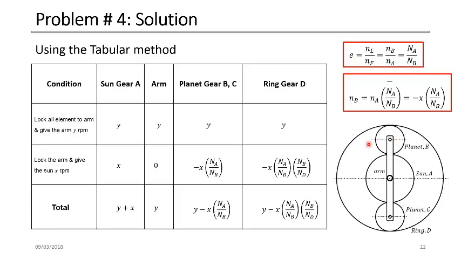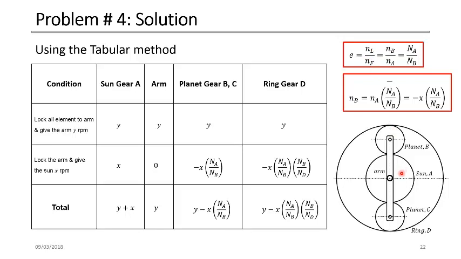We consider them as one stage. The sun gear rotates as the input or the first gear, and the planet gear rotates as the output or the last gear. If NA is the speed of the sun gear, and NP is the speed of the planet gear, and we have one gear stage here, then E is equal to N last divided by N first.